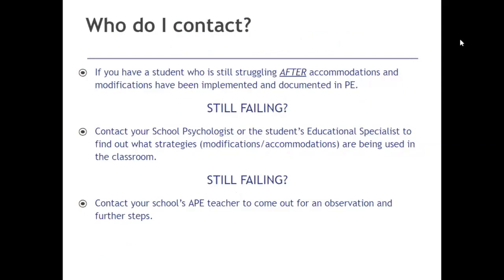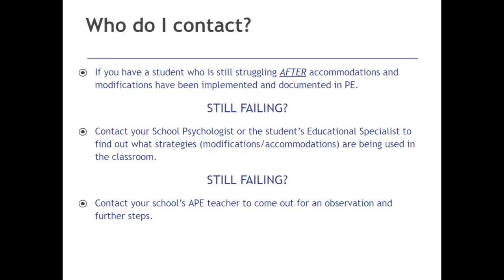So you have done all of the accommodations, you have done all the modifications, and you're still having that child in PE struggling. Who do I contact? What do I do? You can contact your school psychologist. You can also talk to your students' educational specialist, which is their special ed teacher, to find out what kind of modifications and accommodations they're using in the IEP or in the classroom, and try to implement their personalized ones.